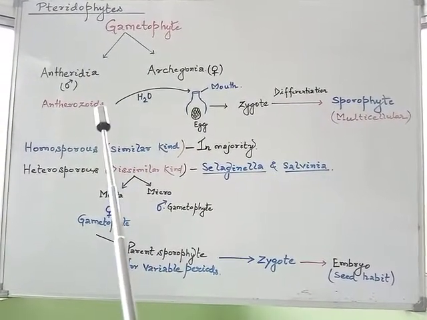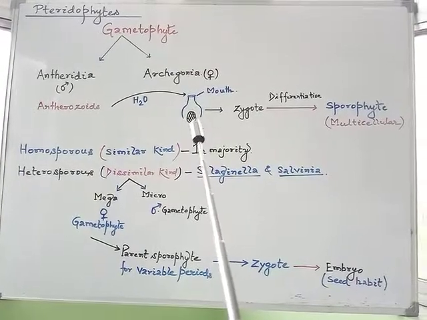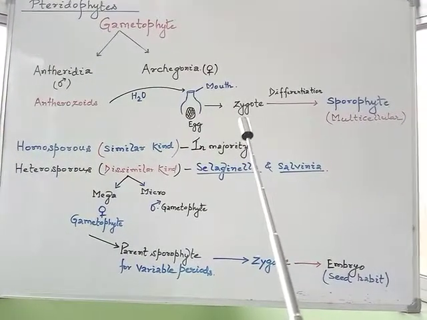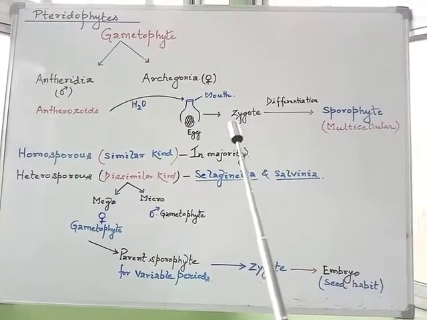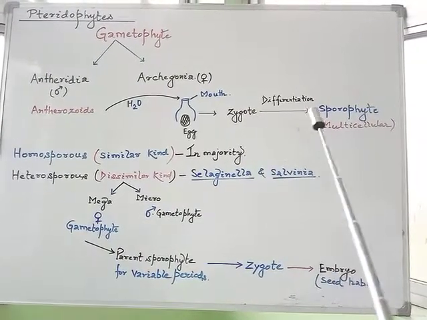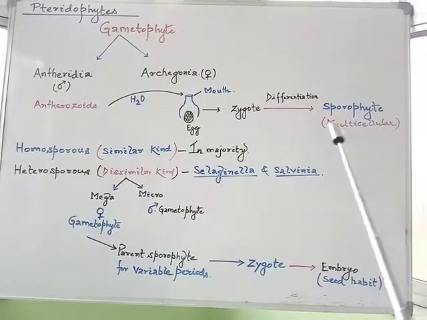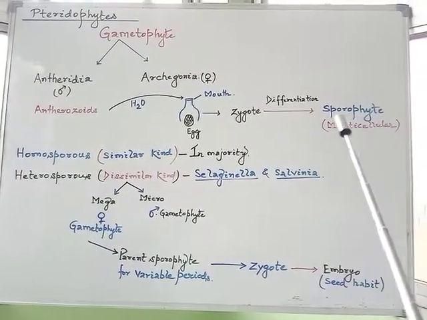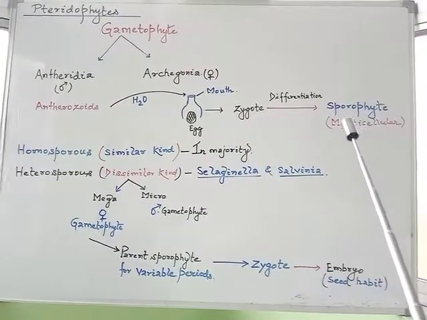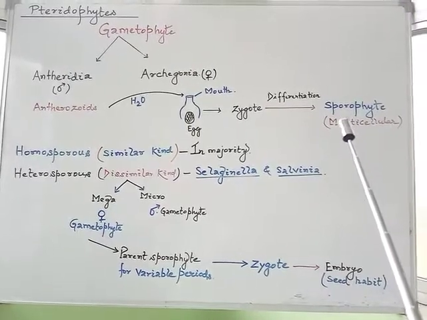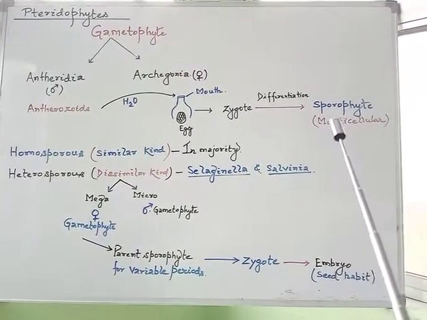As the antherozoids fuse with the egg cell, they form the zygote, and as the zygote is formed, it undergoes differentiation to form the sporophytic phase, which is the multicellular stage. This sporophyte is the main plant body in the case of pteridophytes.